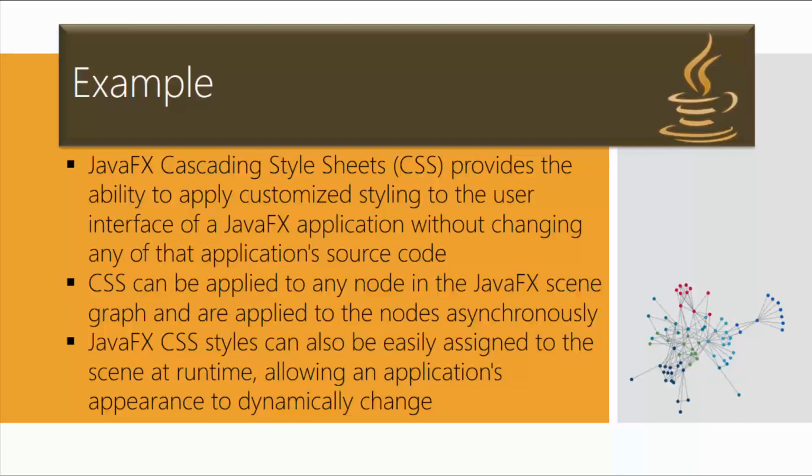JavaFX CSS styles can be easily assigned to the scene at runtime, allowing an application's appearance to dynamically change. So what do I mean by this? Let's take a look visually so that it's easier to see and identify how within the scene graph you can work with CSS.